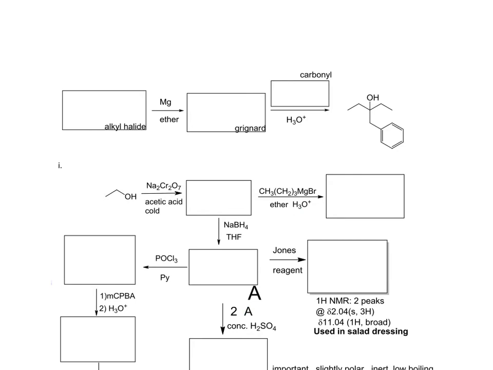So I have here, what kind of an alcohol is that? It's a tertiary alcohol. And so you know that for a tertiary alcohol, if they're asking for a carbonyl, that means it has to go through a ketone. And so there are two possibilities.